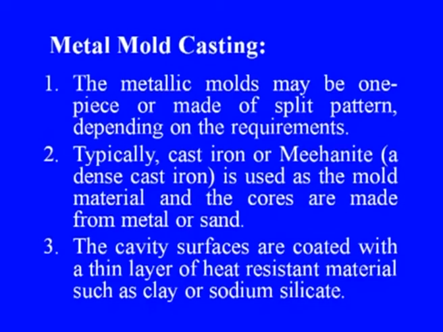The metallic molds may be one piece or made of split pattern depending on the requirement. Typically, cast iron or meehanite is used as the mold material and the cores are made from metal or sand.